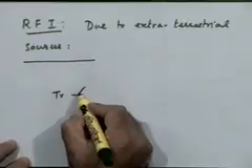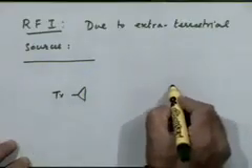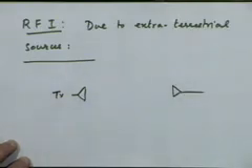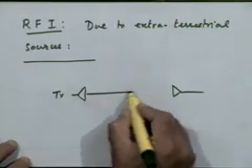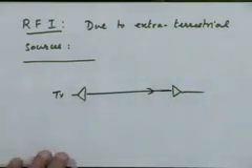So the issue is, you have a transmitter, you have a receiver. Ideally, there should be a single path of propagation between the transmitter and the receiver. Then there is no problem, right? So here is a transmitter. This is your transmitting antenna, and this is your receiving antenna. If there is a single path of propagation between these two, no problem.